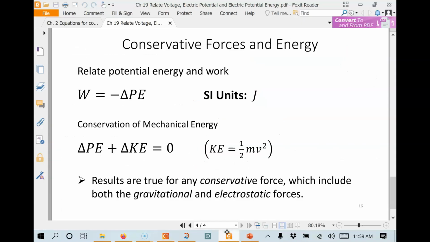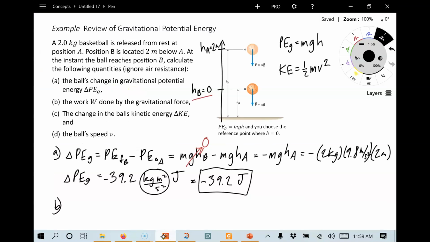Just to remind you real quick, the work is simply equal to the negative change in the potential energy. So the work done on the basketball by gravity is going to be minus delta PE, and in this case, positive 39.2 joules.